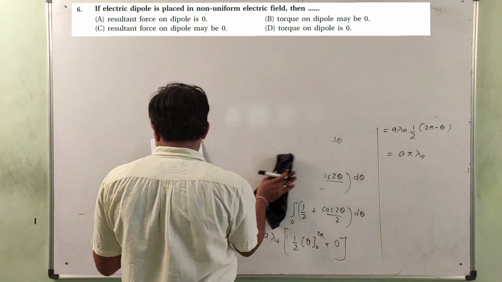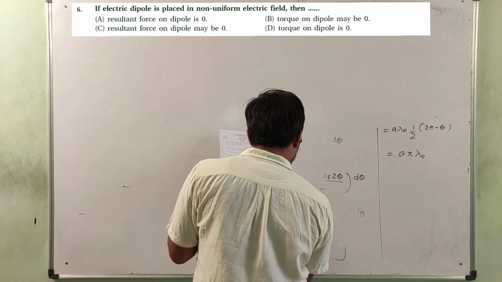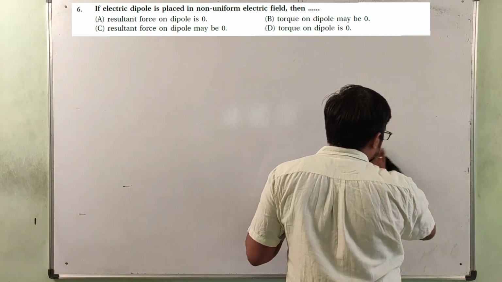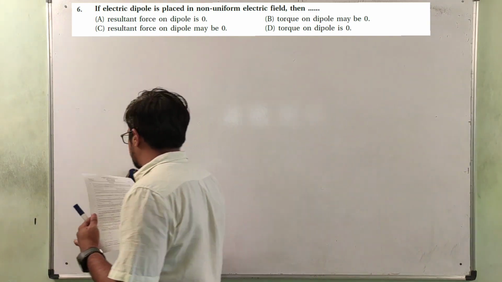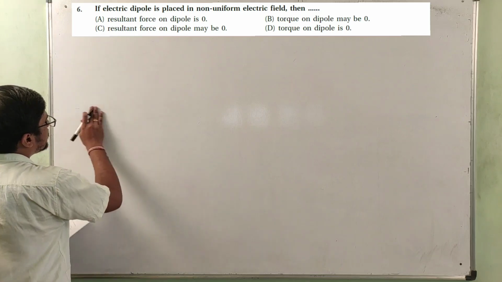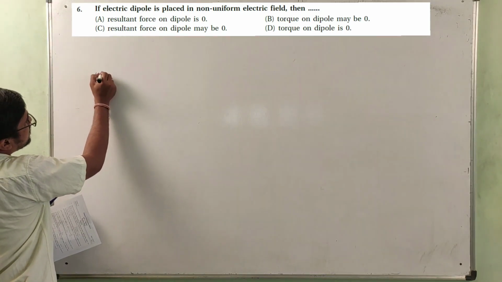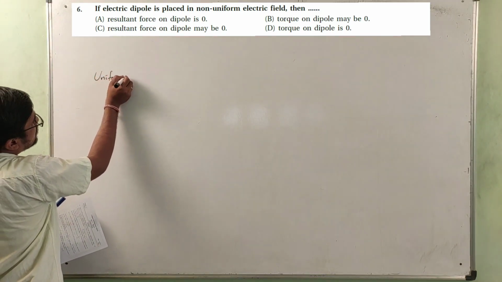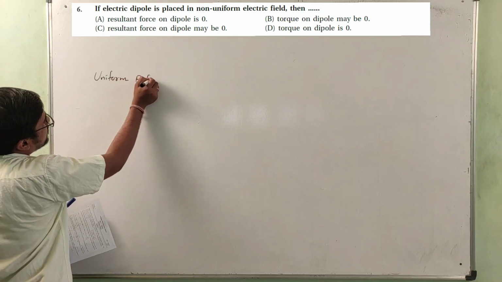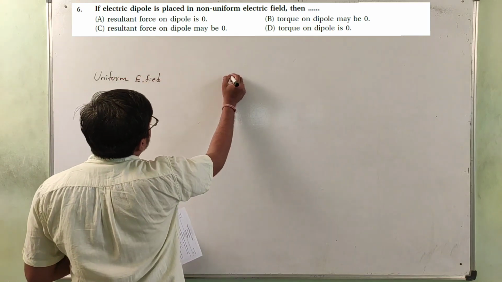Question number 6. It is from the behavior of a dipole in an external electric field. So first revise this topic, behavior of a dipole in an electric field, in a uniform electric field and in a non-uniform electric field.